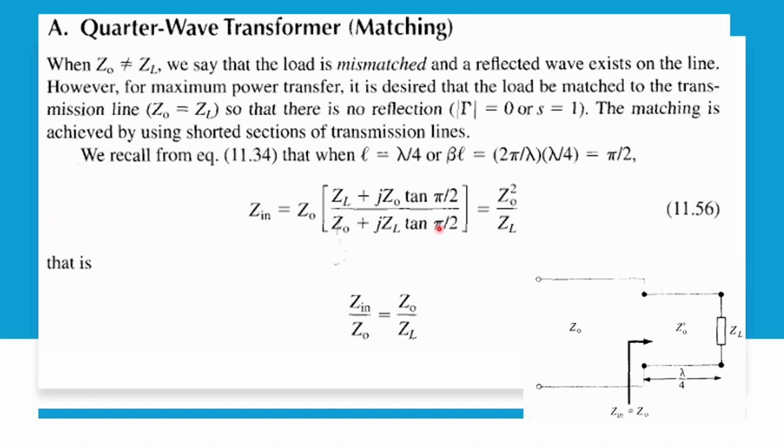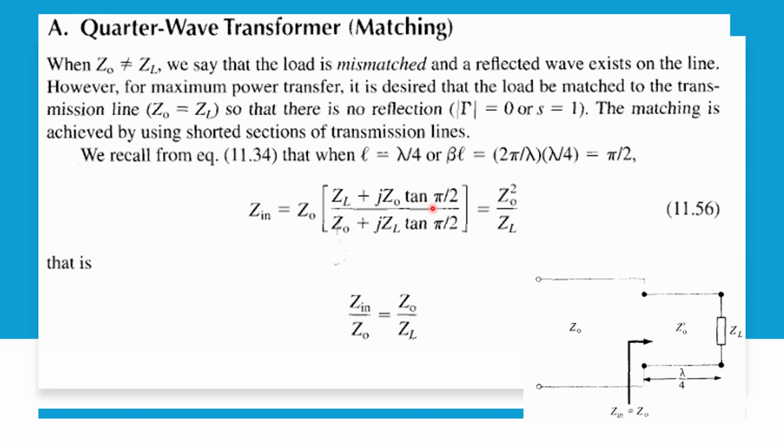If you remember, this is the formula to find out Z input. Now further here, put L equal to lambda by 4. So L means beta L, so beta L will be pi by 2. So the formula is ZL plus j Z naught tan of beta L, this is for the lossless case.